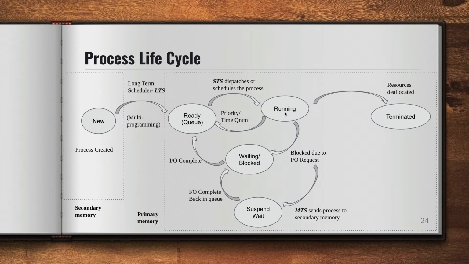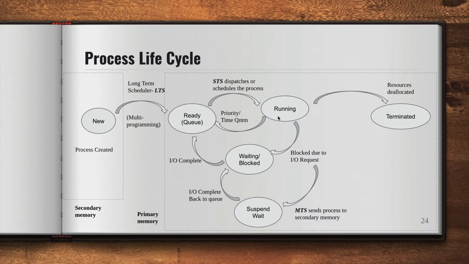Okay, now there could be a scenario wherein another process comes in which has a higher priority, or for instance, that particular process has a time limit. That's the meaning of time quantum, that it has a specific time limit. It's supposed to run only for a specific time. Okay, so when that time finishes, then it goes back into the ready queue.